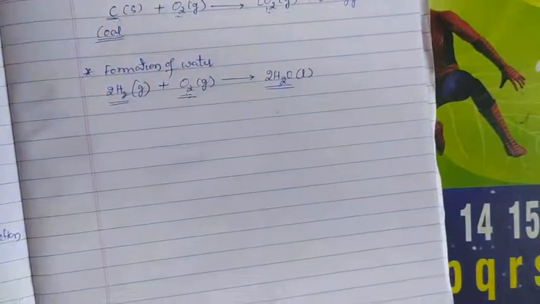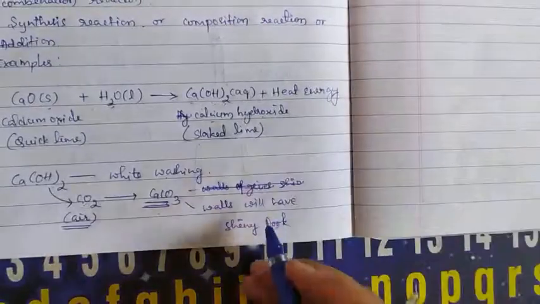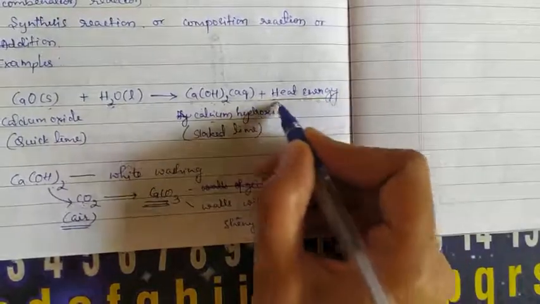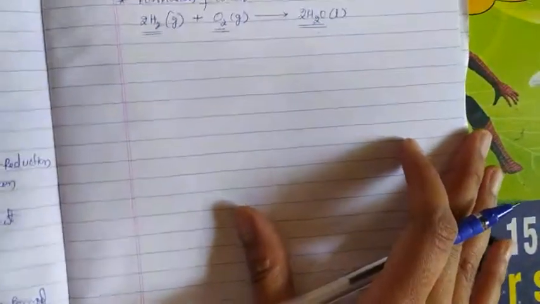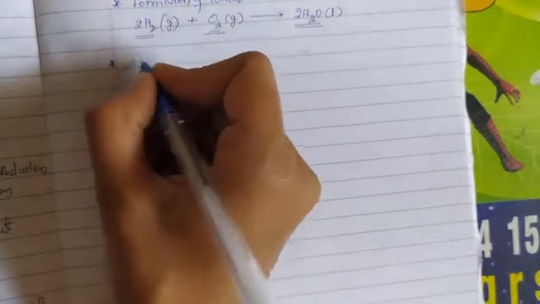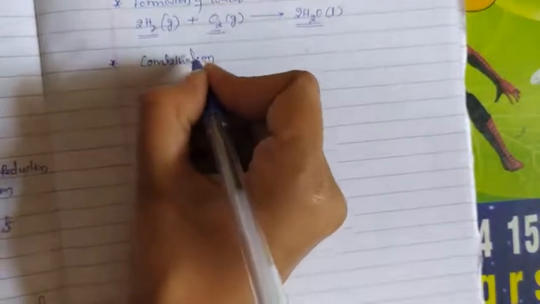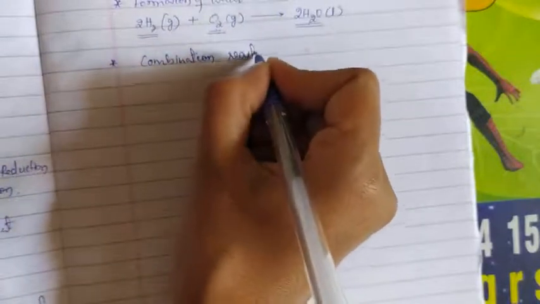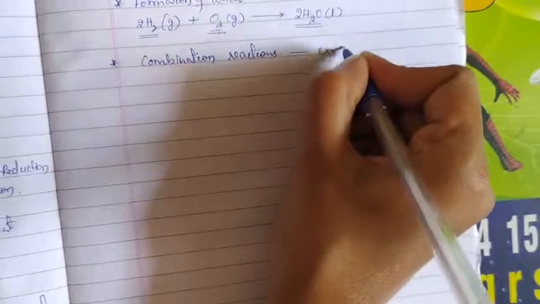Okay children, in this example and in this example, we observe that heat energy is released. So most of the combination reactions are exothermic reactions.